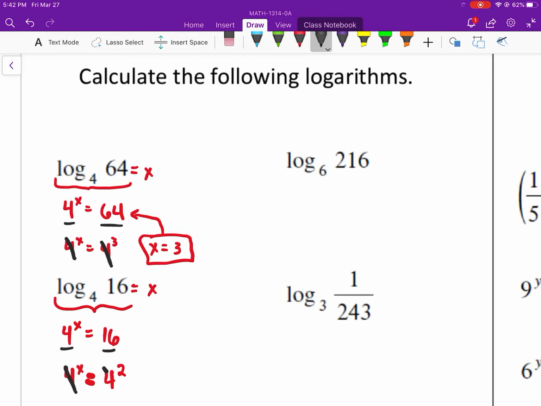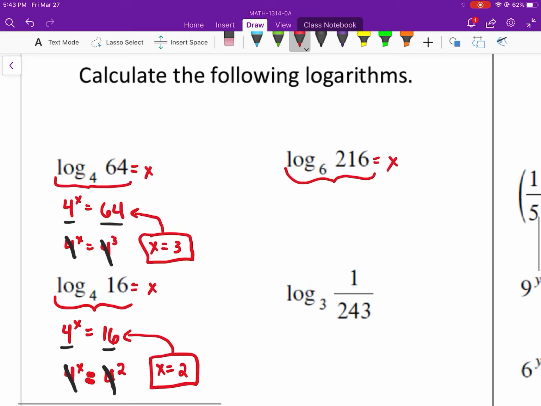So 4 to the x power equals 4 squared. I can cross out my bases now that they are equal. And x happens to equal what number? That would be 2. Alright, and again, if I plug it right back into here, we can see that 4 squared does equal 16 itself.